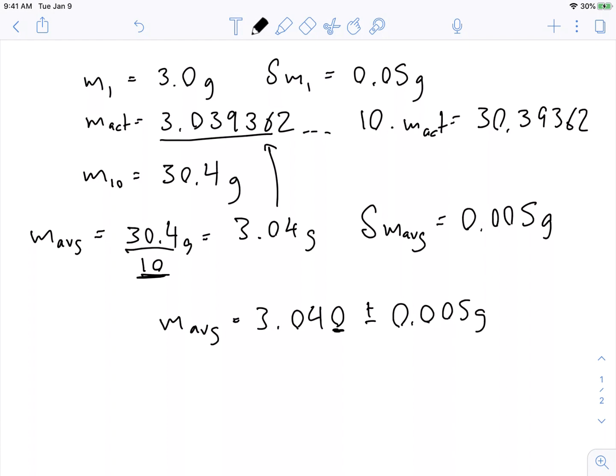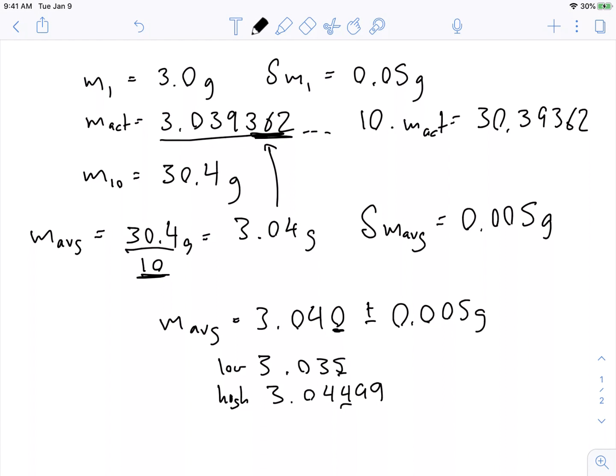And what does my uncertainty say? Well, my uncertainty says that my mass, the lowest it could possibly be, is this value, right? And the highest it could possibly be is this value, right? Well, and it turns out that if I look at my next decimal place, that does fall in here, right?